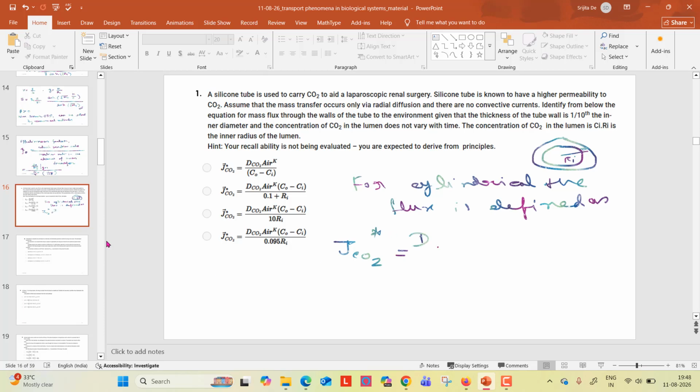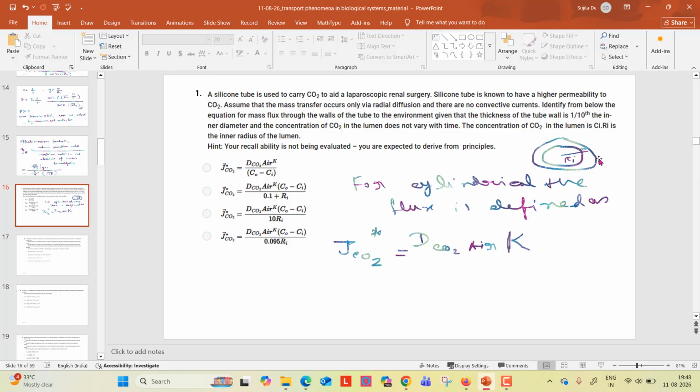D CO2 air, this is the diffusivity. K is your dissolution coefficient.